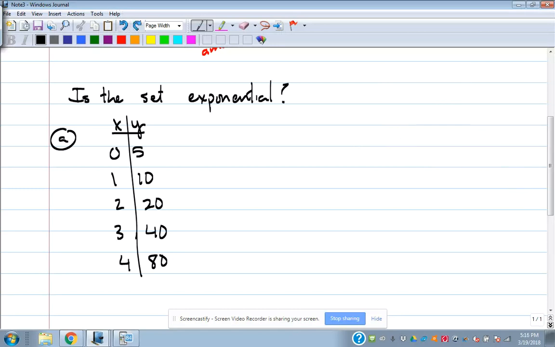Well, we only have 5 of them, so it's hard to determine if that's that kind of curve. But we can look at the individual Y values and decide whether they are growing at the same or at different rates, whether their ratios are different. So the ratio of Y values is what we're going to use to test this. 10 over 5.